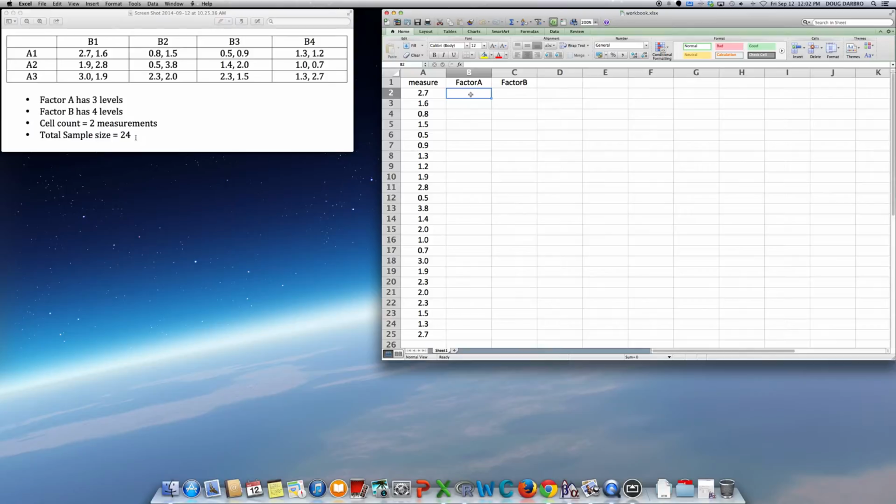Now what I need to do is put in the factors from which these measurements were collected. And you can see that I read across the row at first. So my first 8 measurements are from factor A1. And I designed it that way because, well, okay.